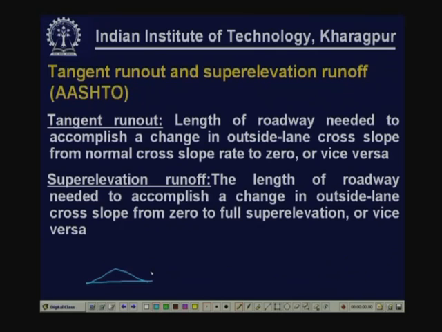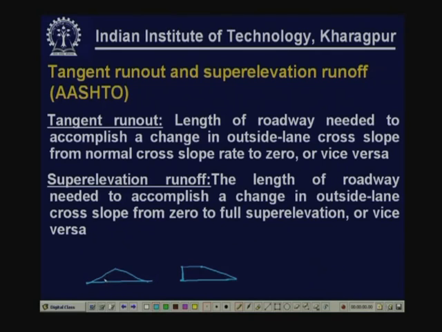Now, when we are trying to provide superelevation, we gradually turn the outer edge, assuming the method of rotation of pavement with respect to the center line, rotation of the outer edge with respect to the center line. So, over a length we rotate it, and you find a cross section when the outer edge is rotated and made level.